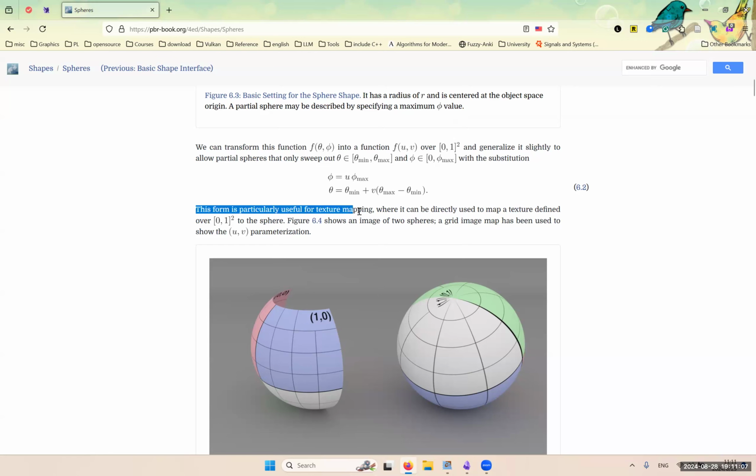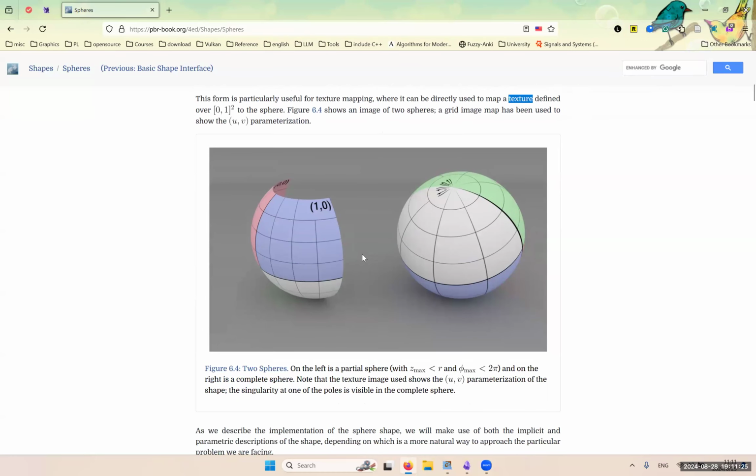This form is useful for texture mapping, and that's why we call them u and v, where we can directly map a texture on a plane onto the sphere. Left is a partial sphere and right is the whole sphere.